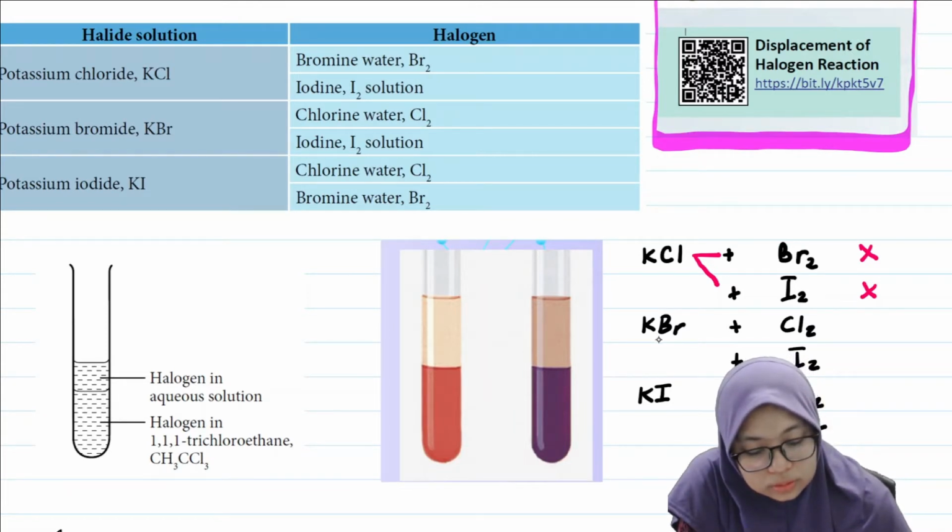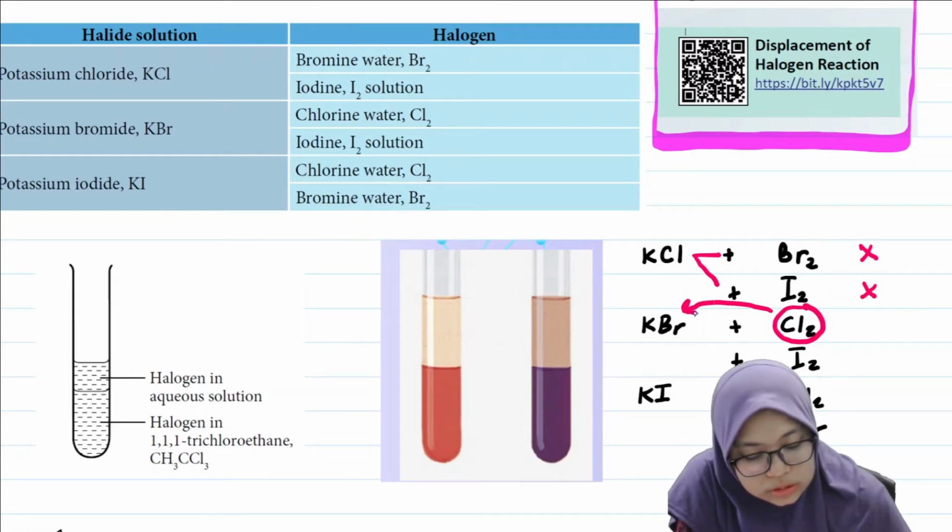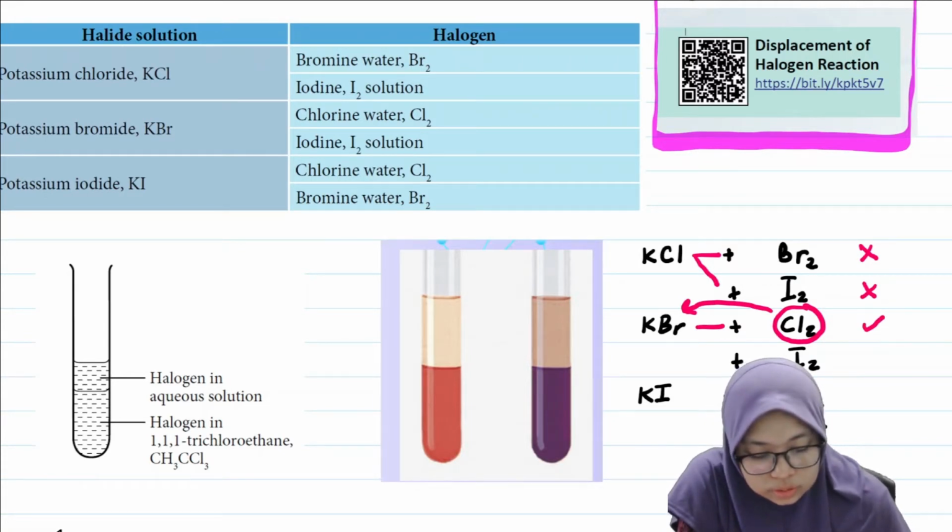The third reaction, potassium bromide and chlorine: chlorine is more reactive than bromine, so chlorine will be able to displace bromine from potassium bromide solution, so this reaction will have a new product. For iodine, iodine is less reactive, so this reaction will not happen.